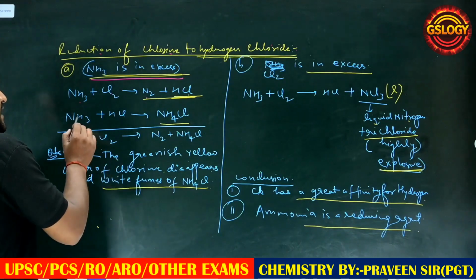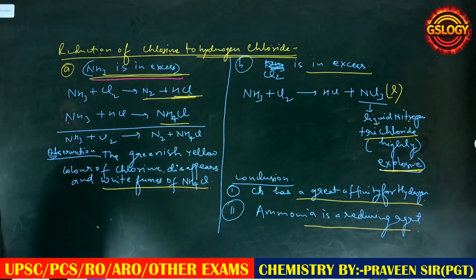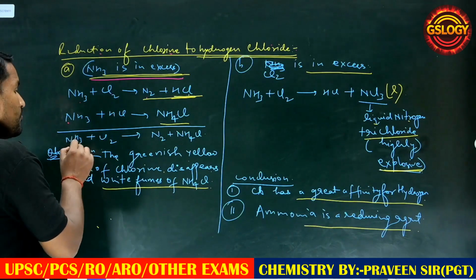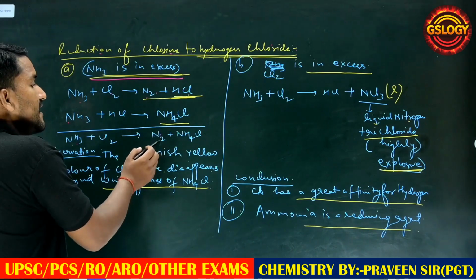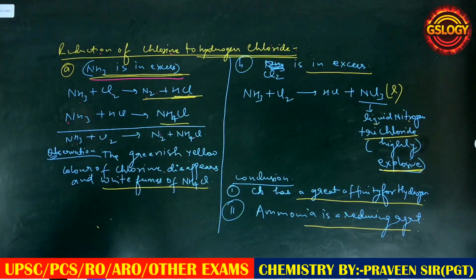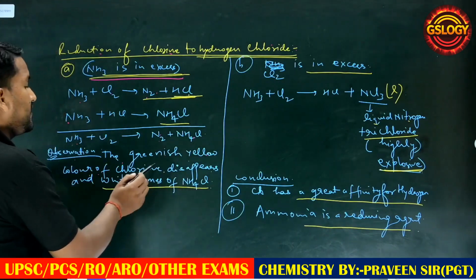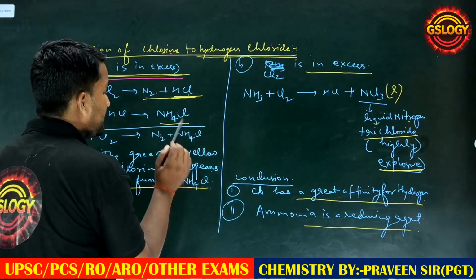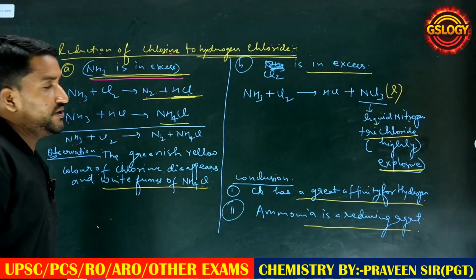Then ammonia again reacts with HCl to form ammonium chloride. Overall reaction: ammonia reacts with chlorine to form nitrogen and ammonium chloride. Observation: the greenish yellow color of chlorine disappears and white fumes of ammonium chloride are produced.